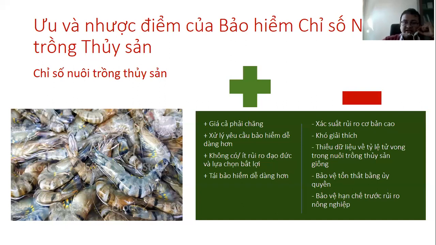And indeed, this might even be a prerequisite for the insurance companies in the first place to have this risk management in place. Because without that, there can be very large claims, especially related to diseases and so on, which, from what we understand, has also been some of the challenges experienced in Vietnam in the past related to aquaculture insurance.